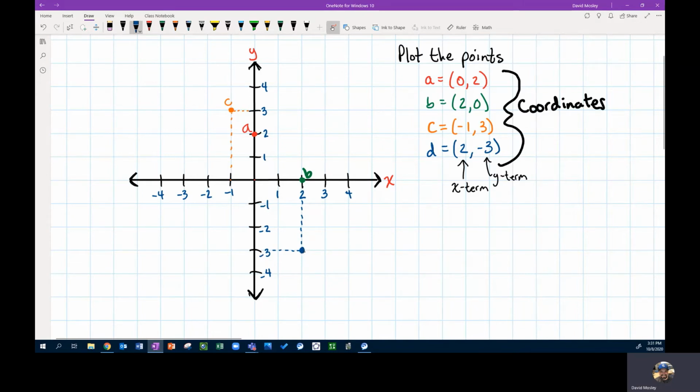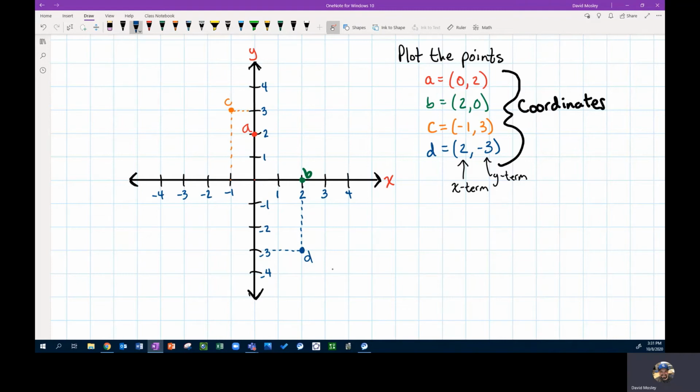So this is point D. This is how we plot points. And plotting points is the backbone of being able to graph anything. Usually we need points to graph something, right? So now we know how to plot points.